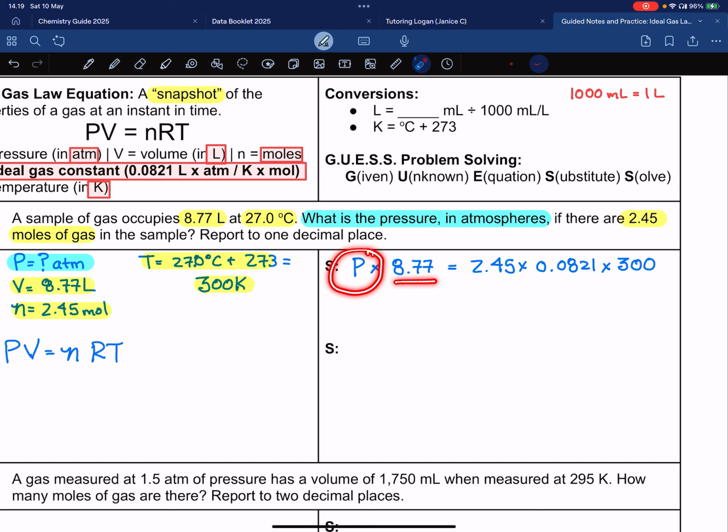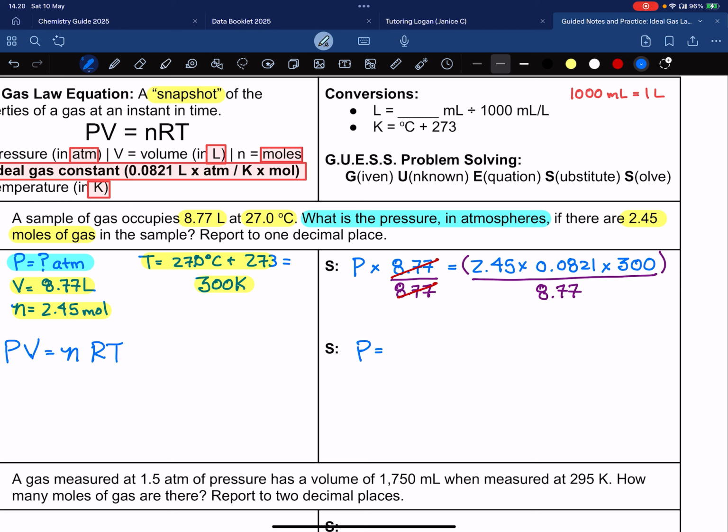Now, algebra tells us if we want to get this all by itself, we have to divide by that. Yeah? Well, if you are going to divide the left side by 8.77, then you also need to divide the right side by 8.77. If you do that, then your 8.77s will cancel. You can put all of that in parentheses in your calculator, and we are going to get a pressure that we report to one decimal place.